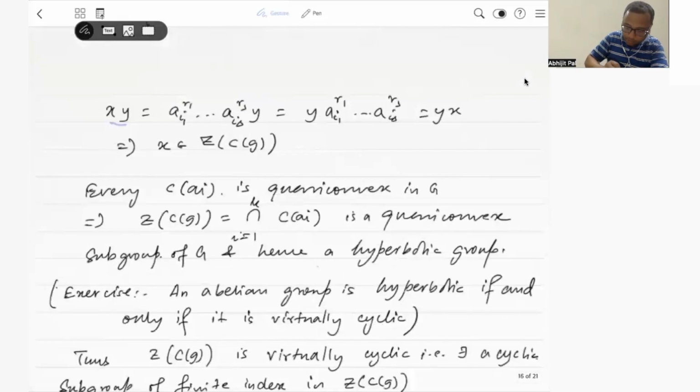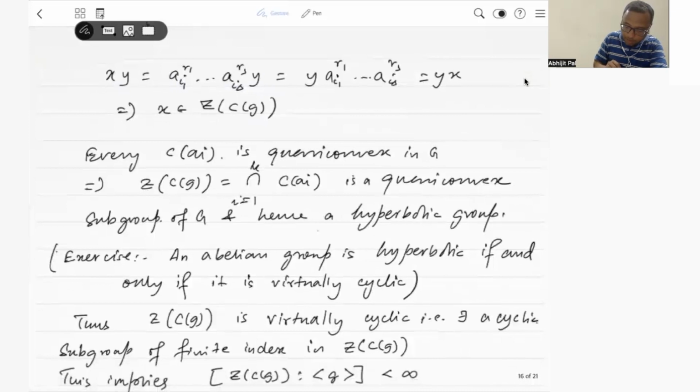If I take XY, which is equal to this product, and Y commutes with every generator AI, then this element equals YX. Therefore, Y belongs to the center of the centralizer.